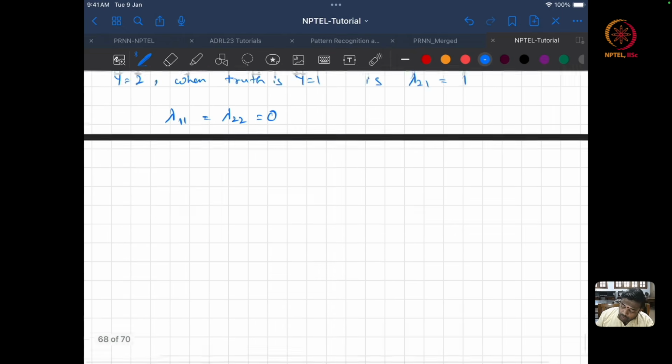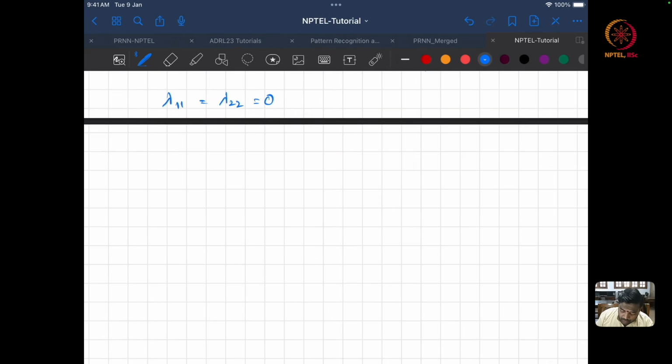Now the risk involved if we decide y is equal to 1 is 10 times the posterior.